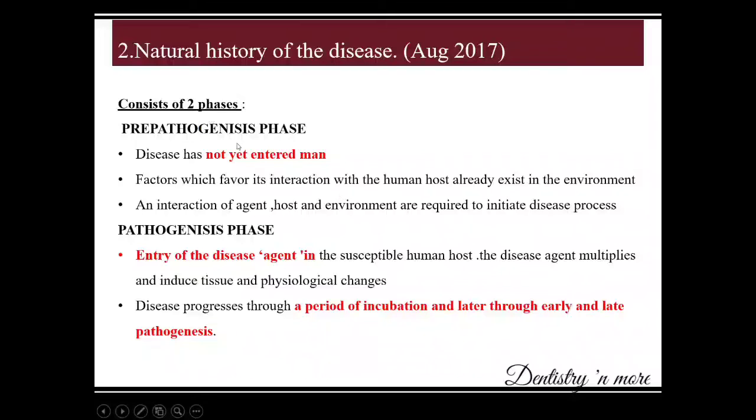Pathogenesis has not yet happened, but it is likely to happen. Whereas in the pathogenesis phase, the entry of the disease agent happens in the susceptible host, and the organism multiplies and starts its physiological changes. There will be an incubation period, then early and late pathogenesis. So that was about the natural history of disease.